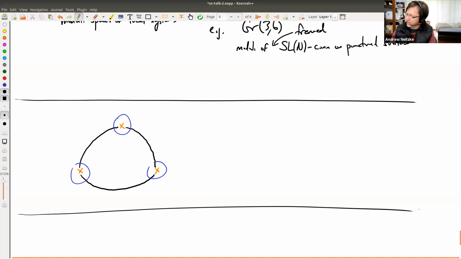Yeah, I'm not saying it's a constraint exactly. Yeah, so these points, these are branch points, but they're also the singularities.